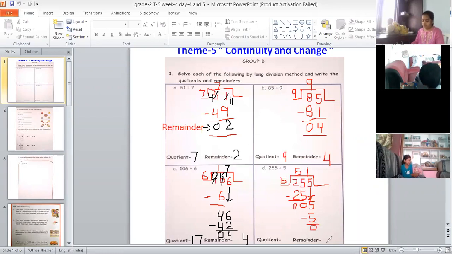Now Jay, quickly tell me, what is the quotient and what is the remainder here? 51 is the quotient. Very good. And the remainder is 0. That's correct. For this question, the remainder is 0 and the quotient is 51.